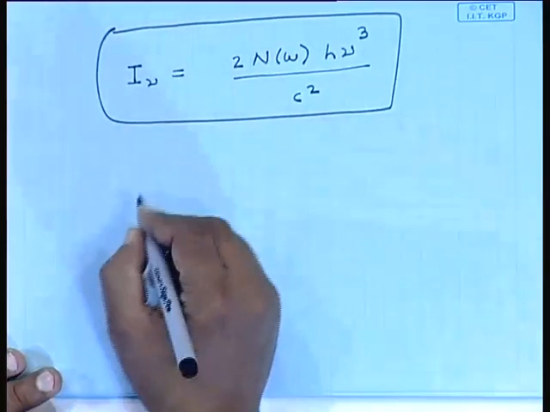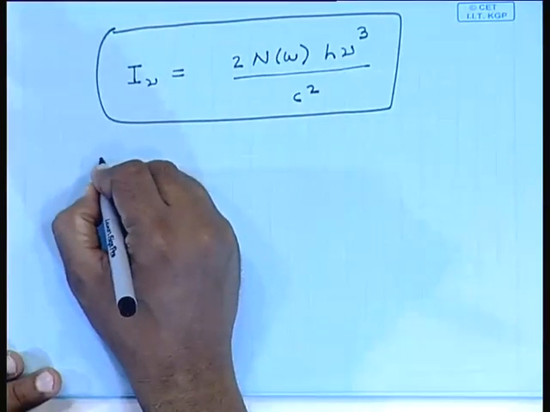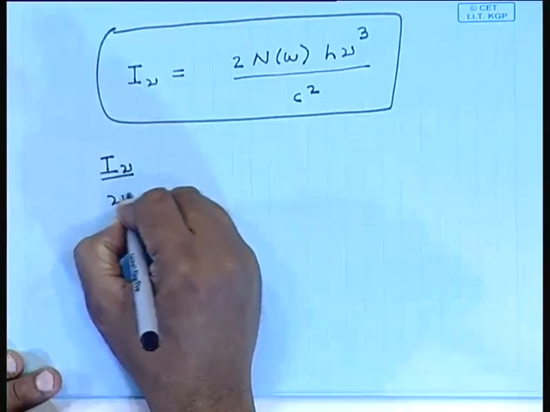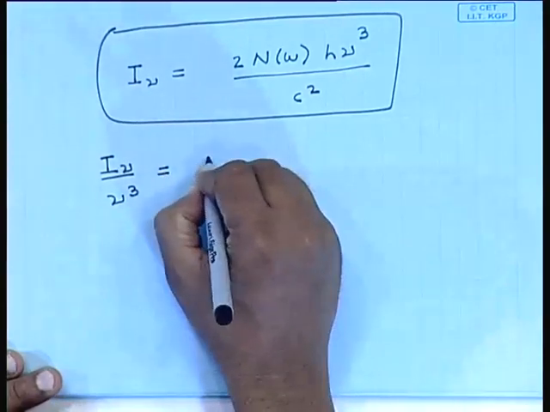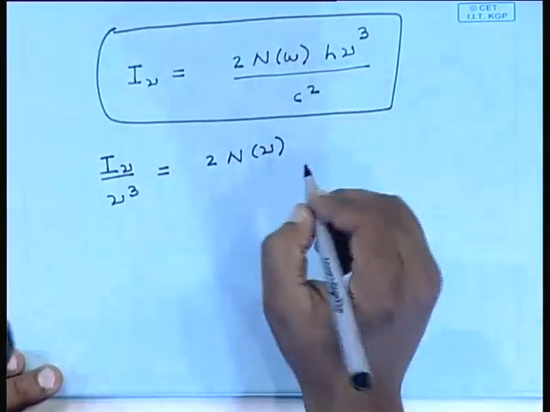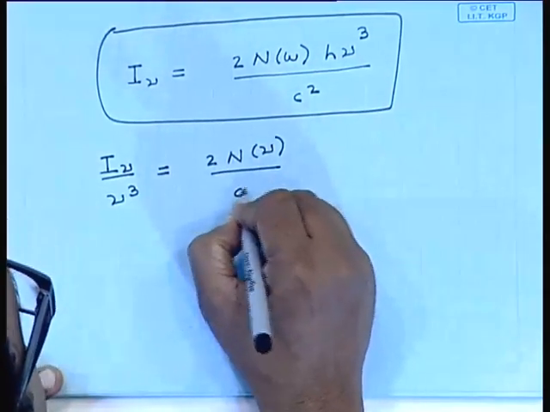Okay. Now, you can see that I nu by nu cubed is 2 n, I can write it as nu also if you wish, omega and nu are equivalent, by c squared.